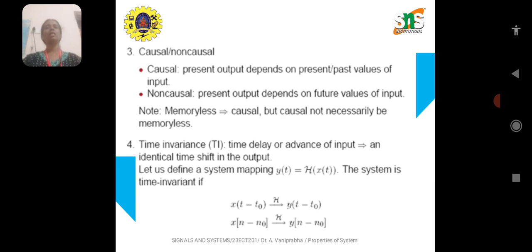It does not vary along with the changes made at the input. If the output changes in accordance with the changes in the input, then it is known as time variant.